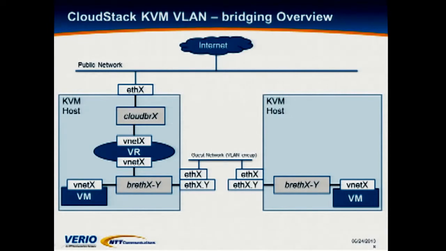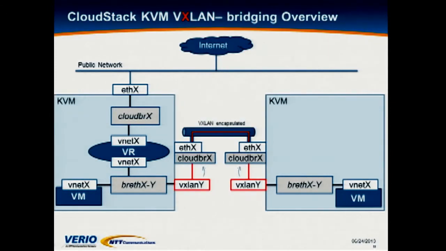And once we have a VM outside the host which the VR is in, CloudStack automatically creates an EtherX.Y VLAN subinterface on top of EtherX, which is pointed to by the KVM traffic label, and it is automatically created, so the user doesn't need to take care of such VLAN subinterface creation.